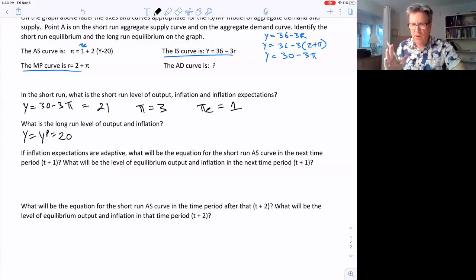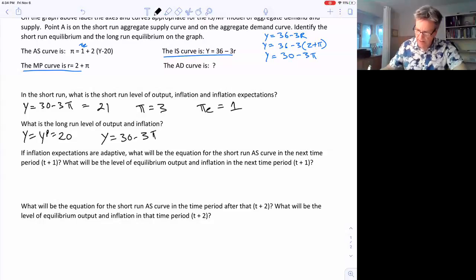And that long run aggregate supply curve, which is y equals 20, we can solve where it intersects the demand curve, which is y equals 30 minus 3 pi. Therefore, 20 equals 30 minus 3 pi. 3 pi equals 10.